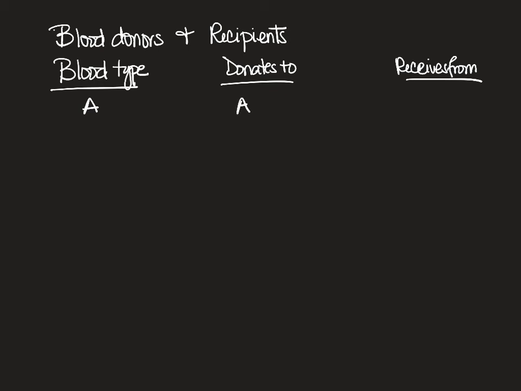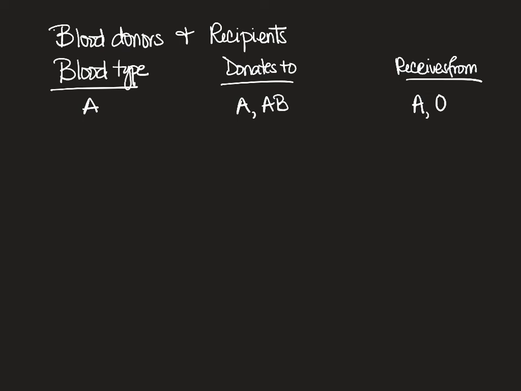Okay, so if the person has type A blood, they can give or donate blood to another person with type A, but they can also donate or give blood to someone with type AB blood. If the person has type A blood, they can get or receive blood from someone who is type A. That makes perfect sense. But they can also receive blood from someone who is type O. Remember, if you're type AB, you have both the A and the B antigen on your blood cell, so you're fine.